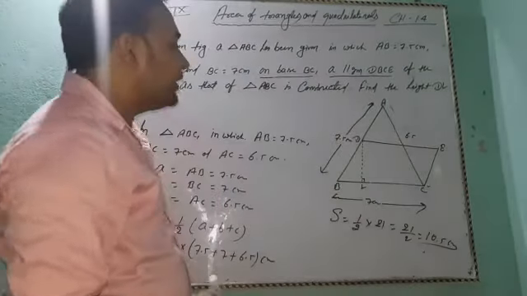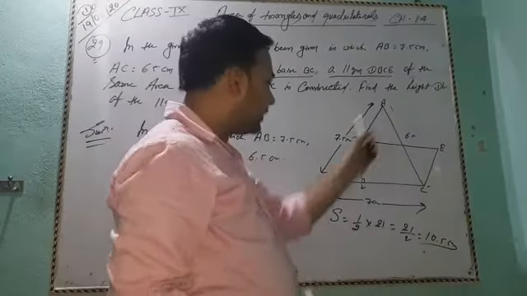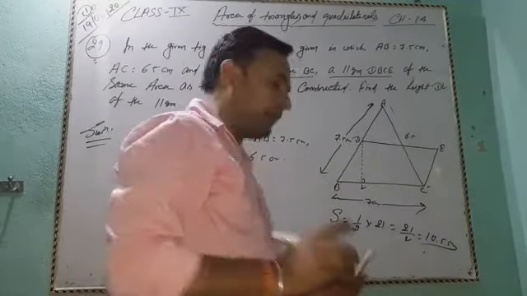So the semi-perimeter of triangle ABC equals 10.5 centimeter.